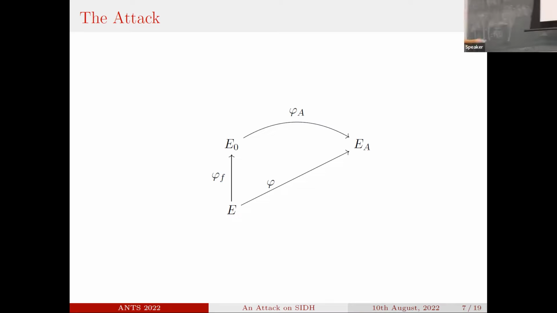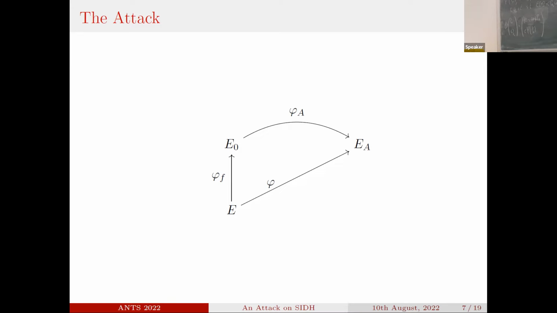And then we retrieve, it's not phi A, sorry, it's phi. Then we retrieve phi of PA up to a constant, which by our theorem is invertible modulo A. And so we do the same for phi of QA, and then we're done.